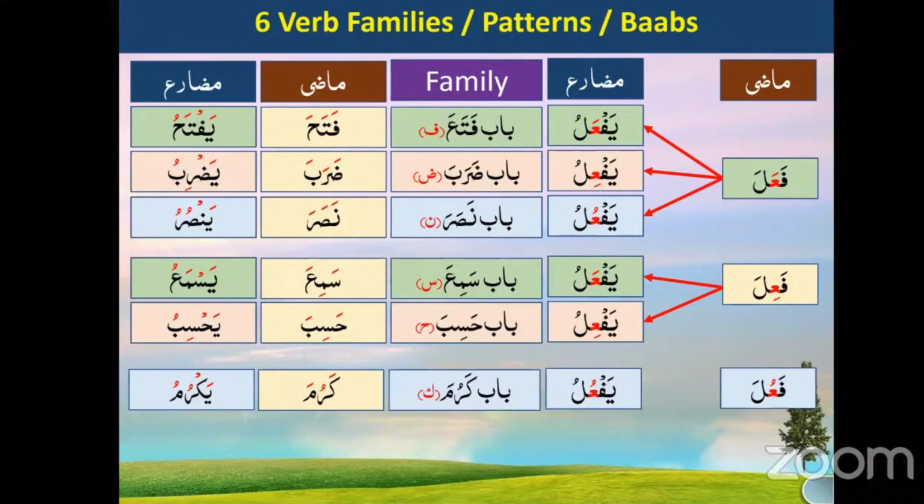Sorry, Abid bhai, I have a question. Yes, please, go ahead. So in this example, when you start with the first one with the Zabar on it, Fa'ala, you get 3 options.